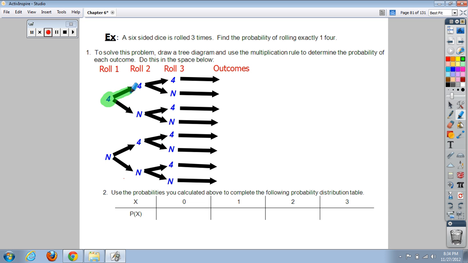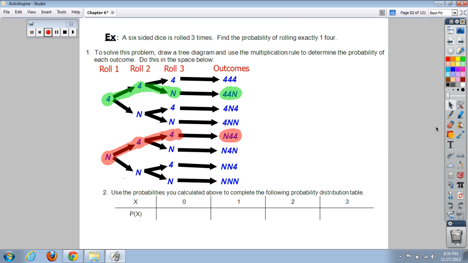So here's rolling a 4 and rolling a 4 and rolling a 4. So I've rolled all 3 4s in a row. Here's rolling a 4, and then not a 4, and that's where I get that from. Here's rolling not a 4, a 4, and a 4, and that's how I'm getting that outcome there, and all the rest in between.